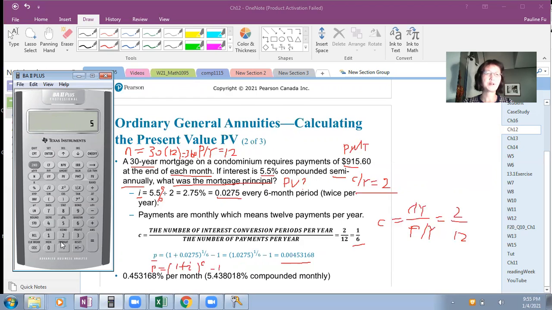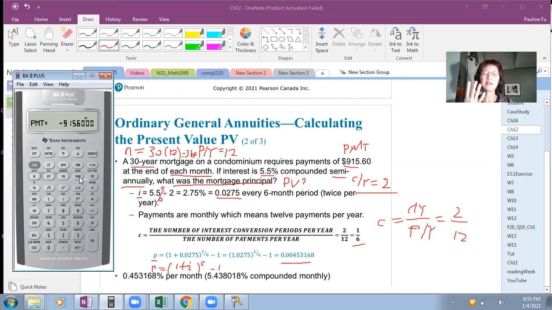Interest is 5.5 without the percentage sign, that is the interest. PMT is 915.60, negative. PMT negative. So you enter the 3 numbers.